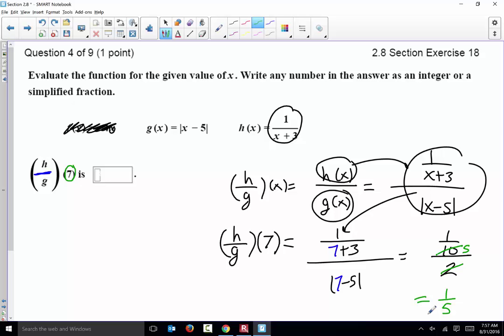Why? I mean, it looks like I just canceled. 10 is split into 5 and 2's. 2's common, I canceled them.